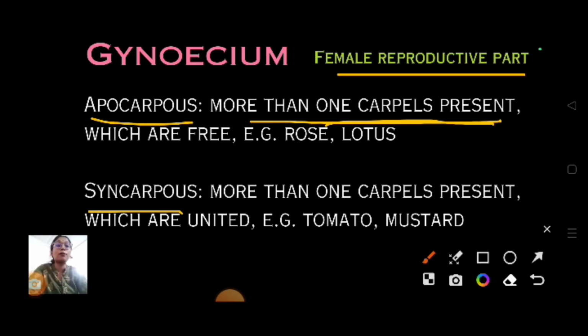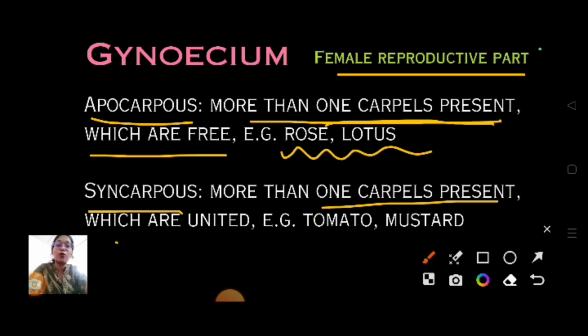More than one carpels will be present, and which are free, not jointed. Like in case of rose and lotus, more than one carpels will be present. That is called apocarpous. And in case of syncarpous, more than one carpels present which are united. More than one carpels are present and which are united, joined together, like in tomato and mustard.